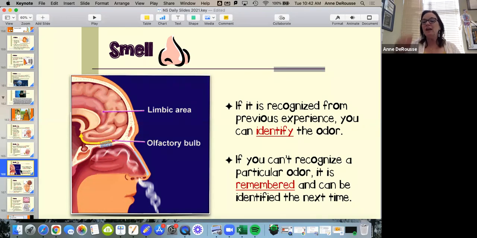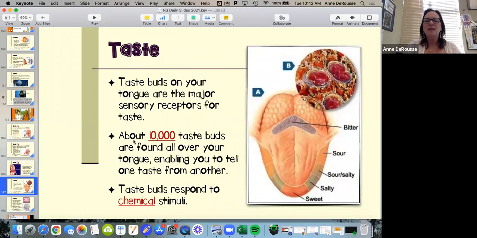Now, here's the thing. If you are smelling something for the first time, clearly you don't recognize it, but your brain will remember it. So the next time you would be able to identify it. Taste. So taste is stimulated chemically. You have over 10,000 taste buds all over your tongue that are enabling you to tell one taste from another.